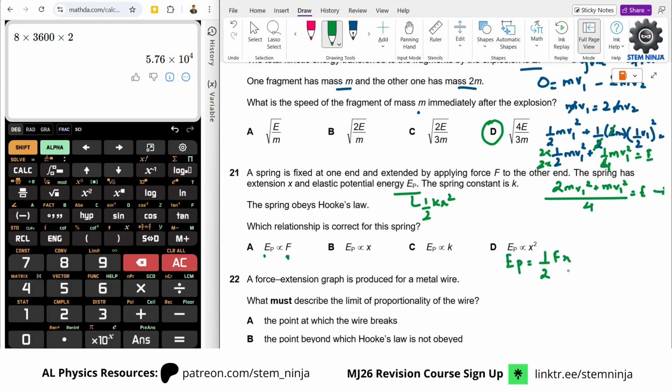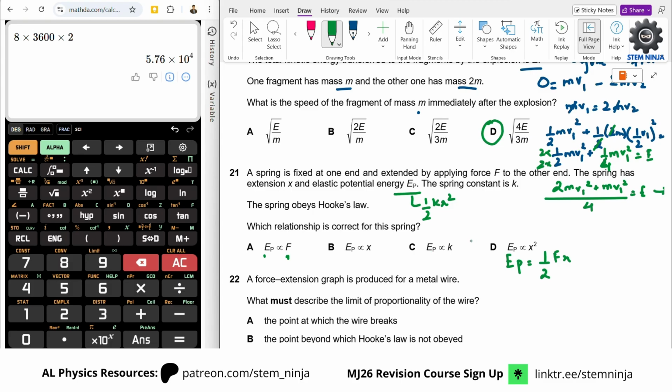Well, let's see for a minute what that means. Ep proportional to x, Ep proportional to k, Ep proportional to x squared.